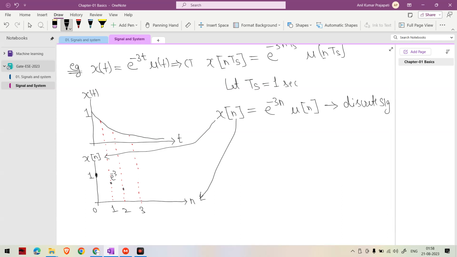At 2, you will get e raised to power minus 6, and you can draw a symbol like a lollipop. And at 3, you will get e raised to power minus 9, and so on. So you can do sampling like this, and you will get a sampled version of the signal like this.